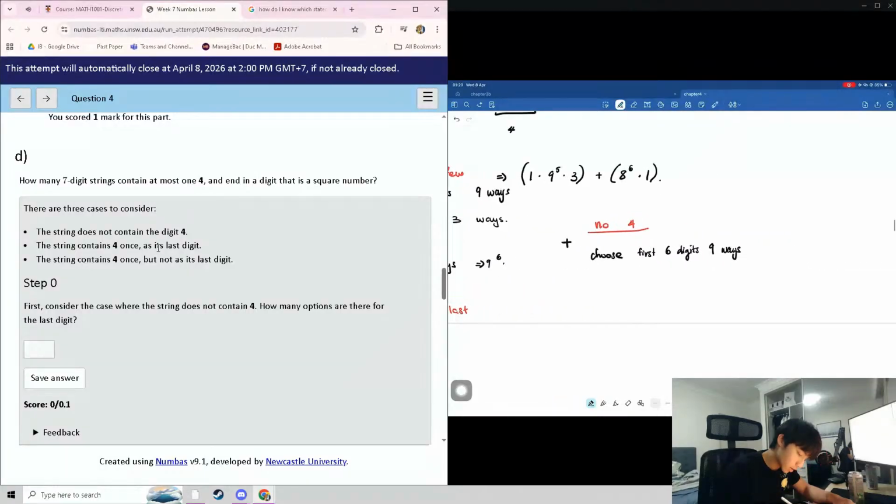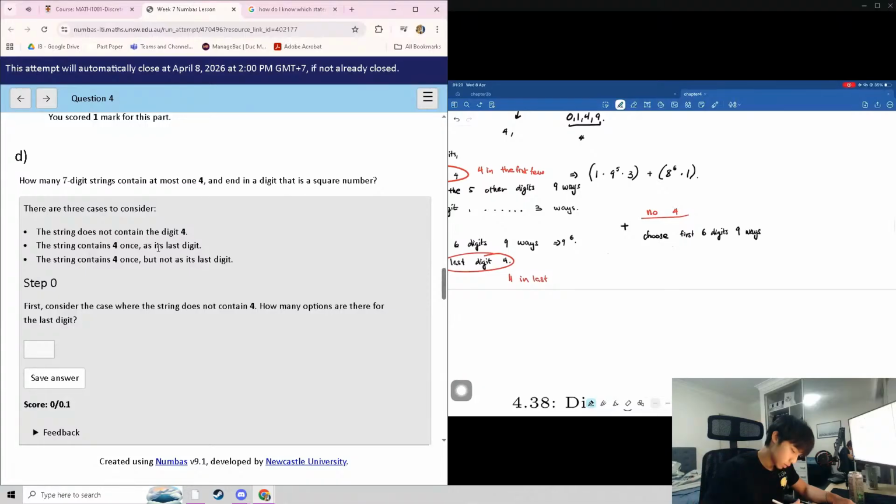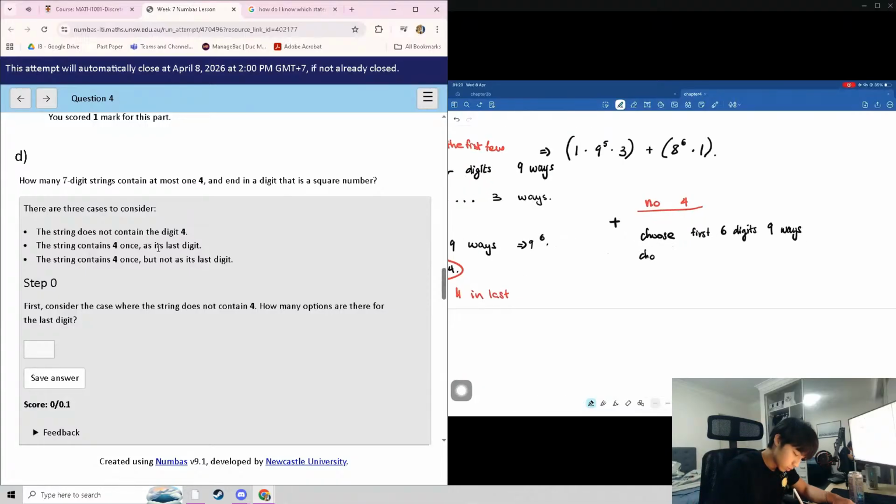Choose the first 6 digits, 9 ways. Choose last digit, 3 ways.